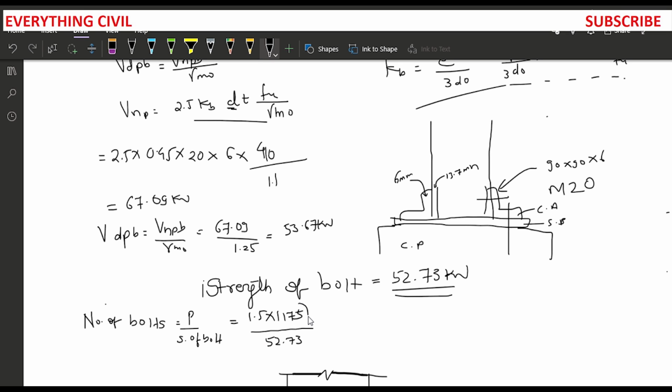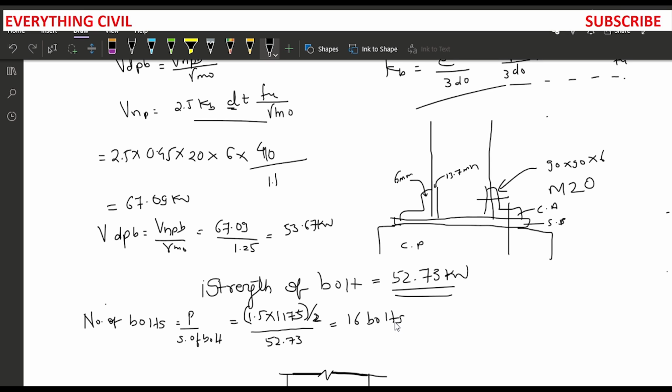One thing you have to keep in mind is that this load will be divided by 2, because 50% of the load will be taken up by the connection itself. So we give the load contribution to the bolts as 50% only, and the other 50% will be transferred into the slab base. This gives me 16 bolts. So altogether I have to provide 16 bolts.